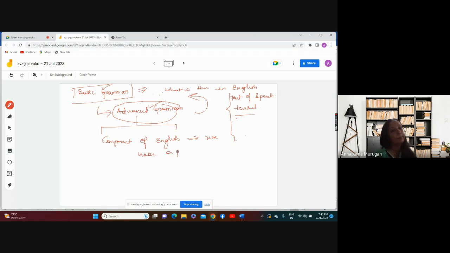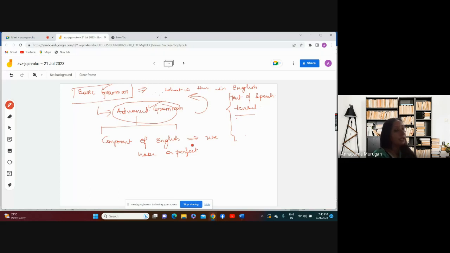How are the rules applied to frame compound and complex sentences? How, what is the system that we need to use to frame the sentences is what is studied under advanced grammar skills.